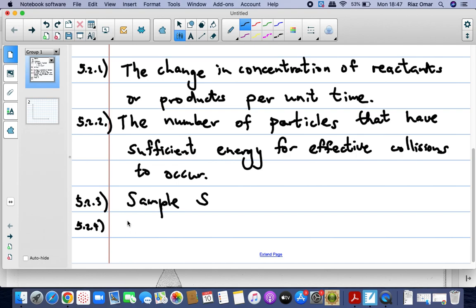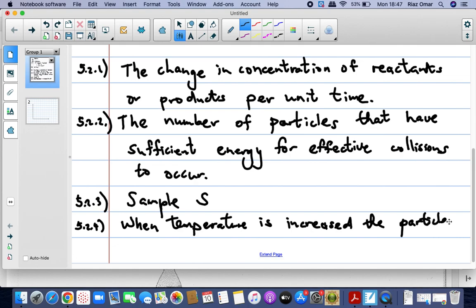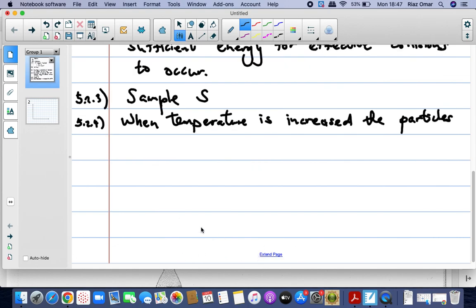We can say that when temperature is increased, the particles gain energy.